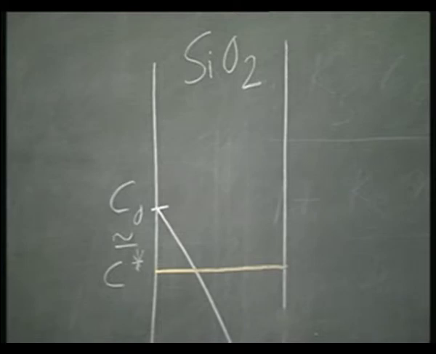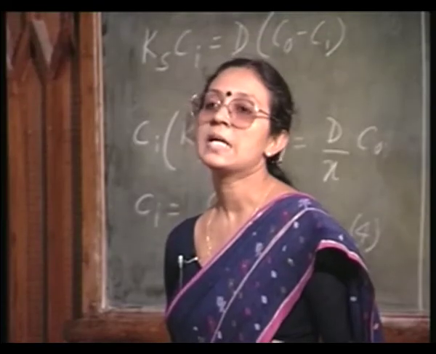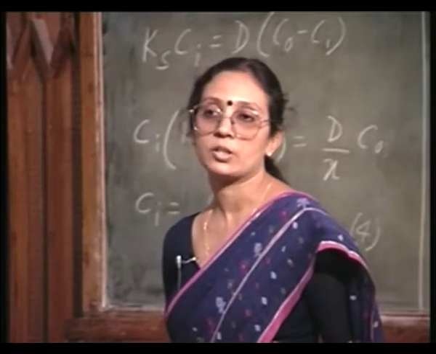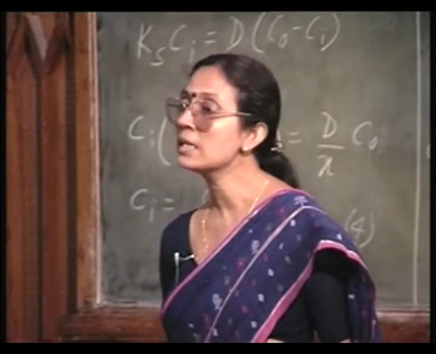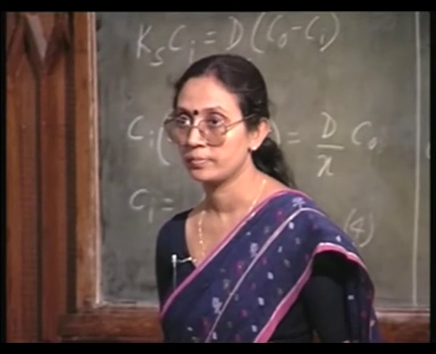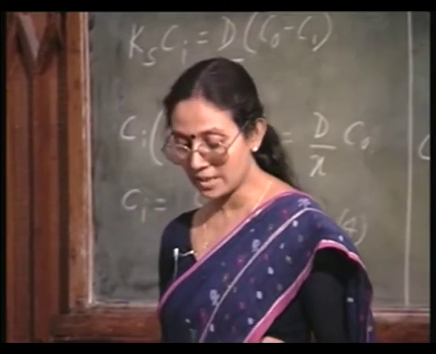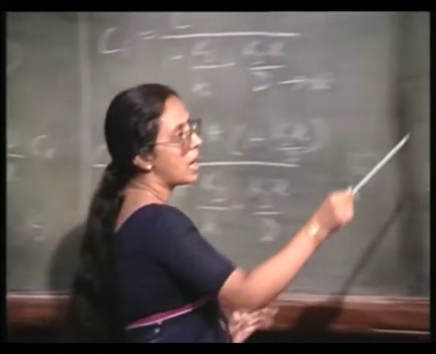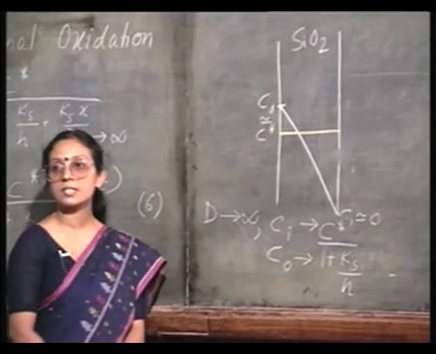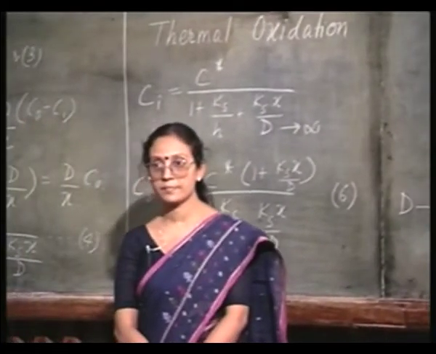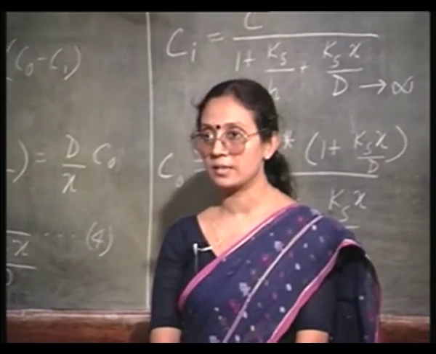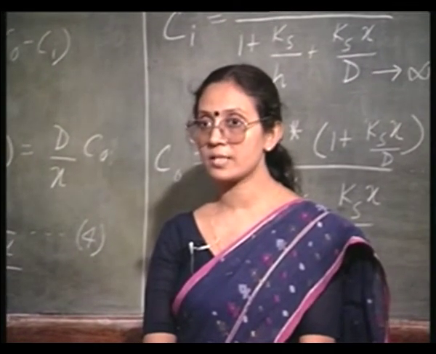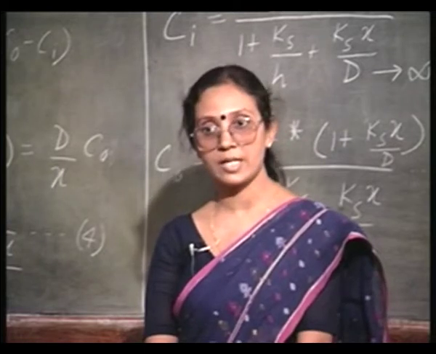That is, physically speaking, what I am trying to say is that the availability or the diffusion of oxidizing species through the oxide is not posing a problem. The problem is after the oxidizing species have reached the interface, how fast can they react with silicon. That is what is going to govern the oxidation rate.